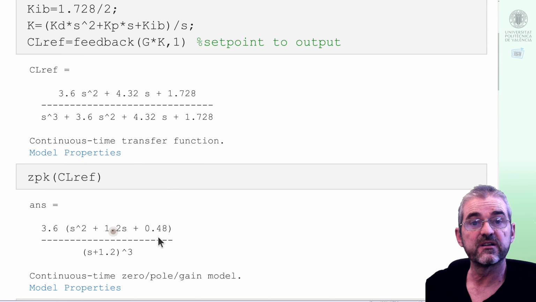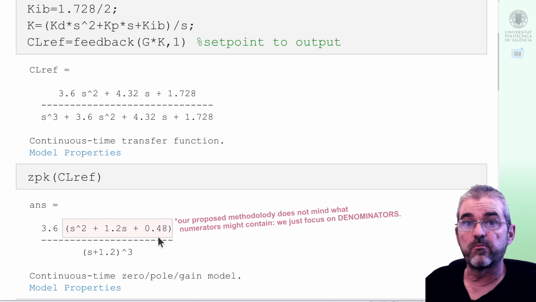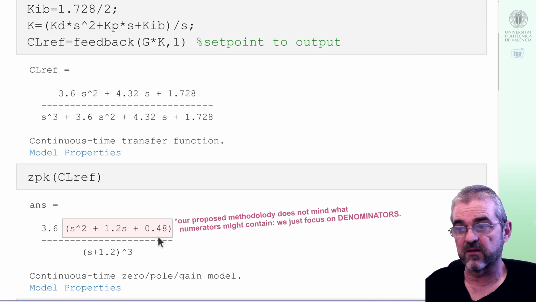we have some stuff in the numerator, but as we are applying a pole assignment methodology, we can do nothing with respect to what happens in the numerator, in the sense that once we decide the poles, we get the PID constants, and those constants somehow appear in the numerator of the output transfer function, but our methodology does not allow us to do anything about it.